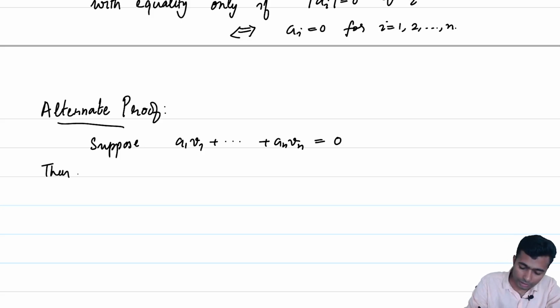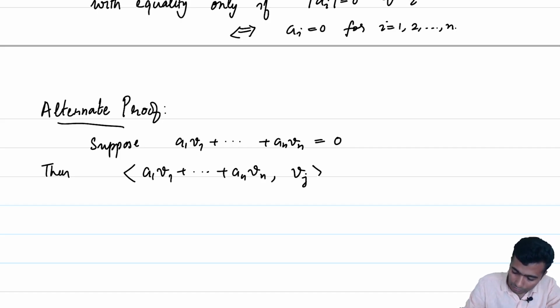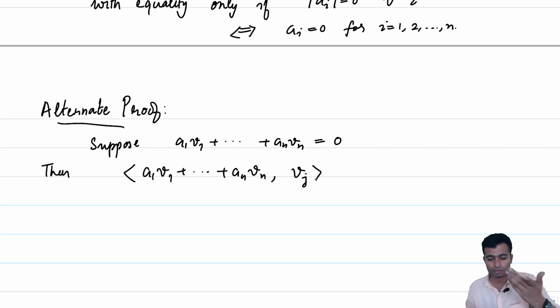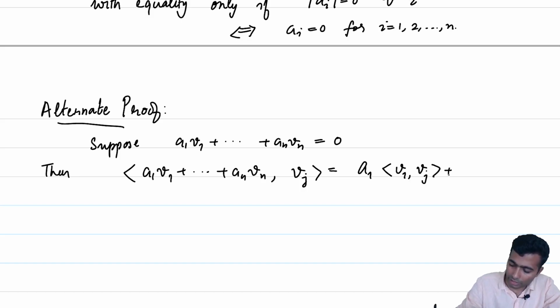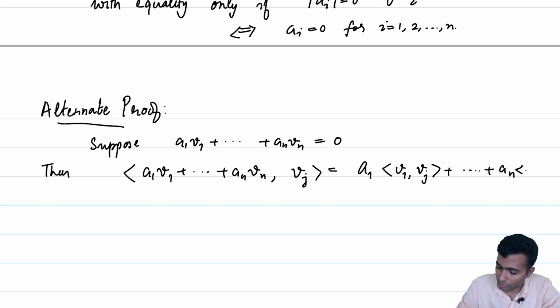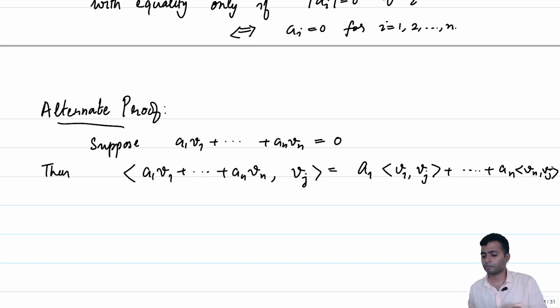Then let's look at the inner product of a1 v1 plus up to an vn with vj, where vj is one of the vectors from the collection. By linearity, this is just going to be a1 times the inner product of v1 and vj plus a2 times the inner product of v2 and vj plus an times the inner product of vn and vj.